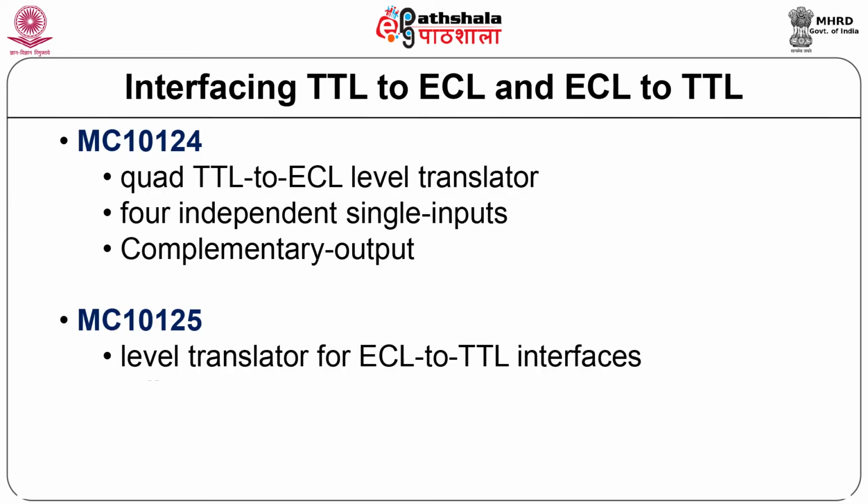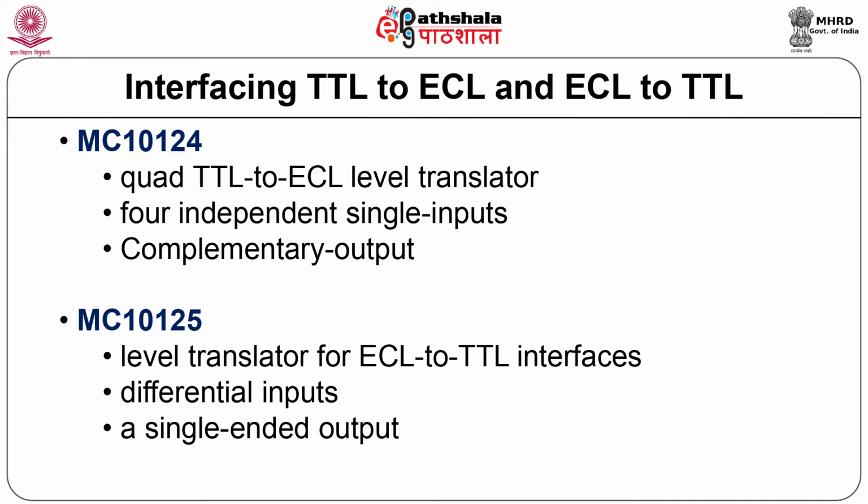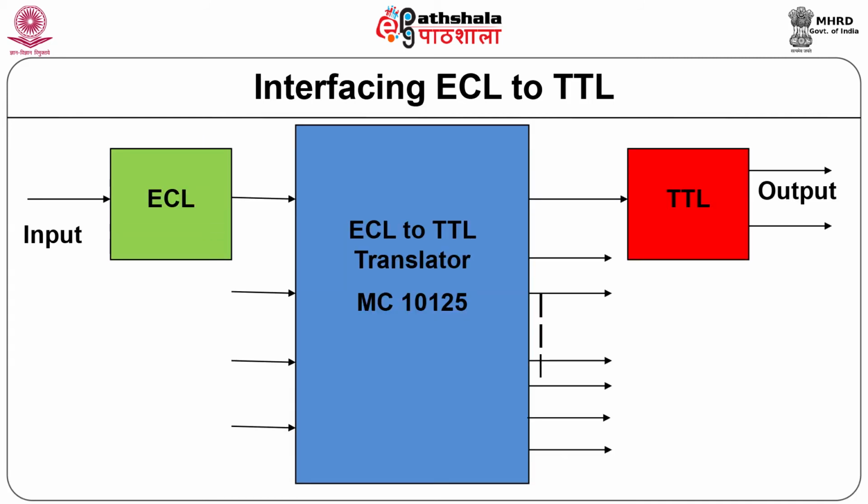MC10125 is a level translator for ECL to TTL interface. It has differential inputs and a single ended output. The figure shows a typical interface schematic using MC10125. Note that the interface schematic in the figure is only one of the available 4 translators that are used.